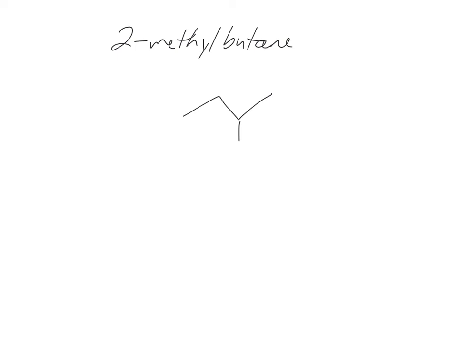If I number these carbons 1, 2, 3, 4, your eyeball is basically going to be looking down 2 and 3. You can look down 1 and 2 or 4 and 3, but there's hydrogens there, and that's not that interesting.